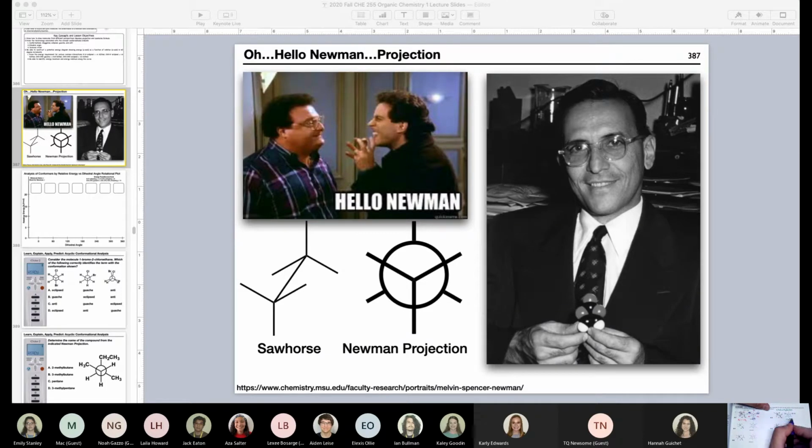So 1 equals H, 2 equals methyl, 3 equals methyl. So this right here pointing down is this, so that's equal to methyl. Then this pointing away from you is 3, so that also is equal to methyl.